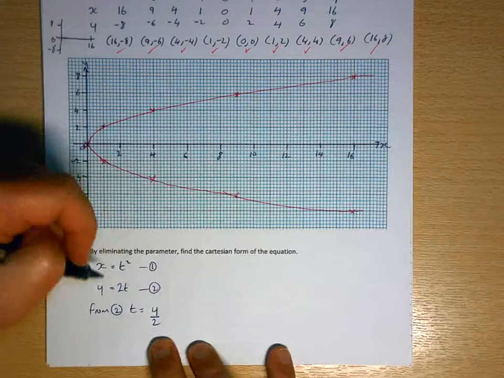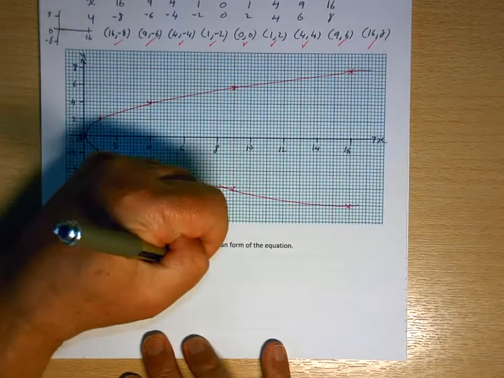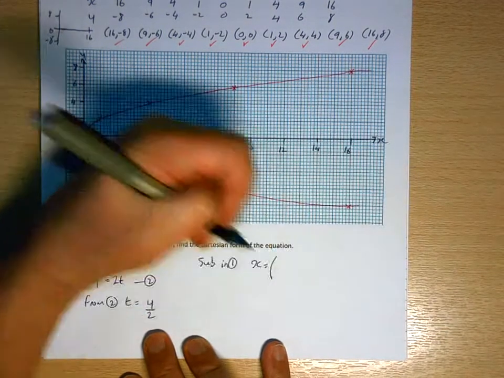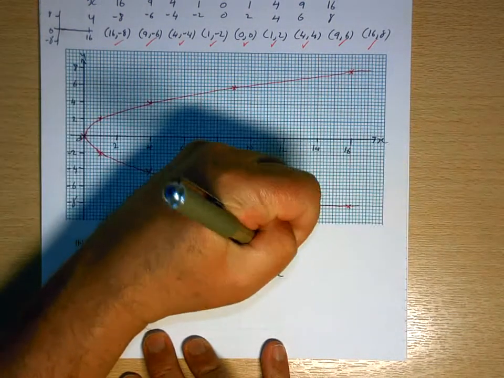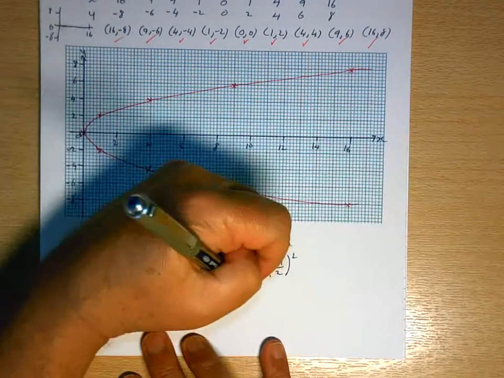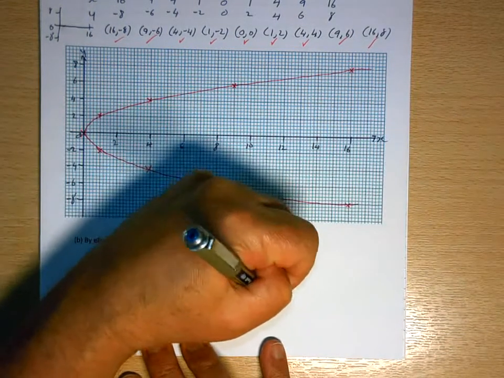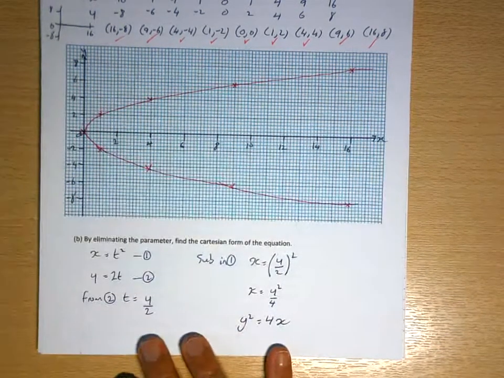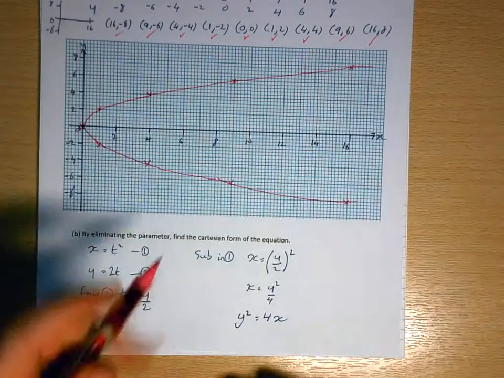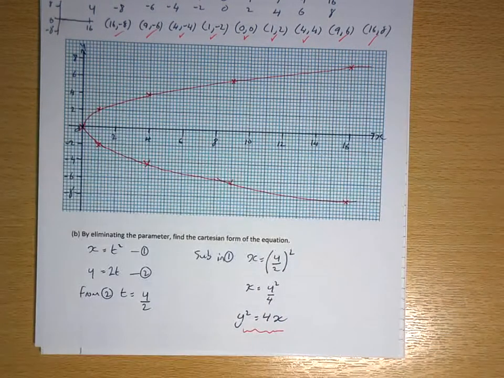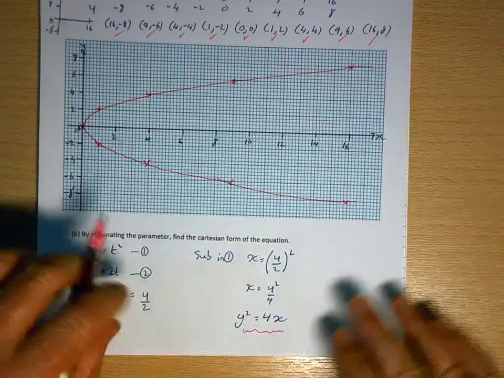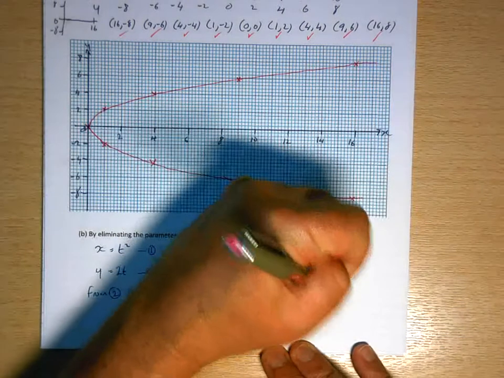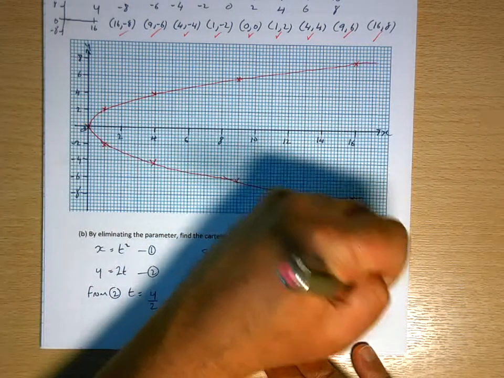So if I put that in 1, x will be t, which I can now replace with y over 2, all squared. So x is y squared over 4, or y squared equals 4x. So that's the Cartesian form. Okay, and it's a general form of a parabola. That would be an equation of a parabola.